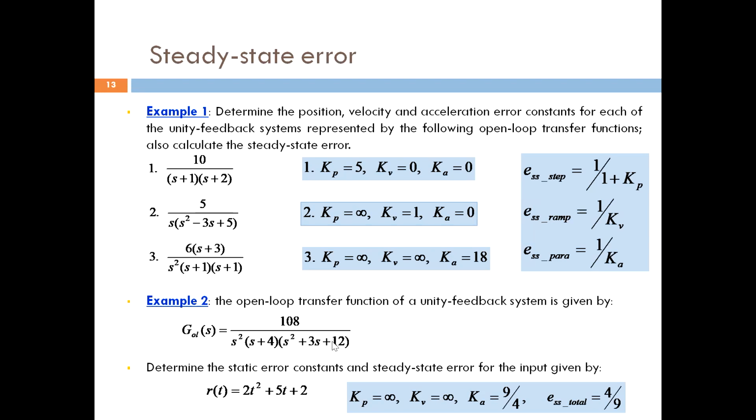And for a type 2 system, we expect infinite position error constant, infinite velocity error constant, and a finite acceleration error constant. So the error component of this system is only due to the parabolic input.